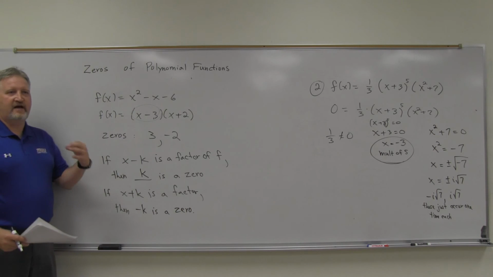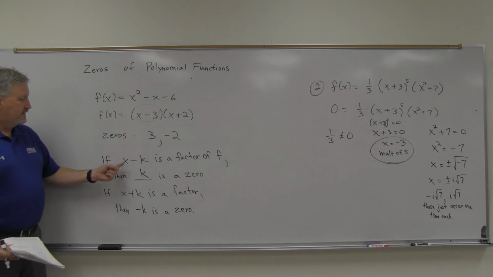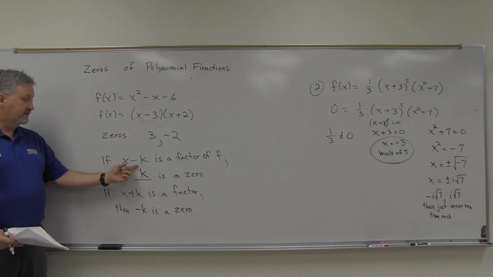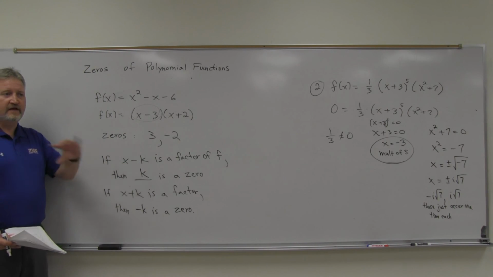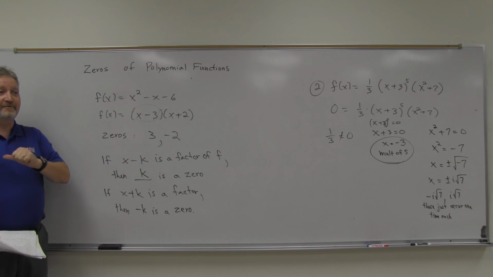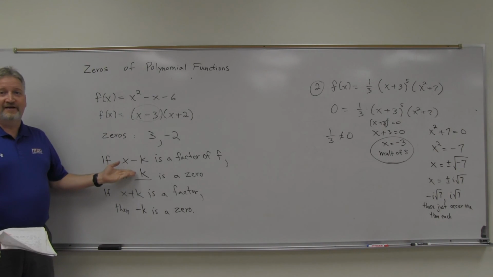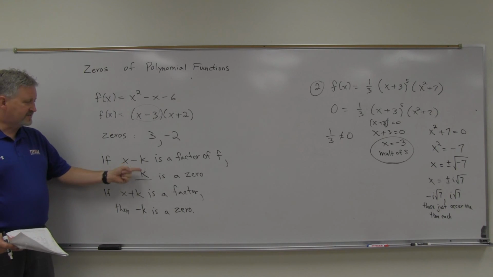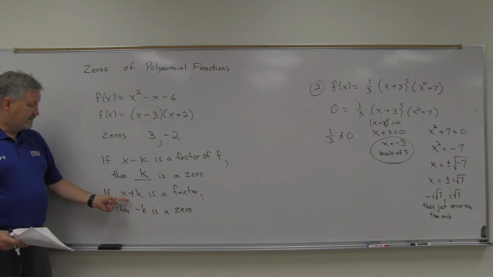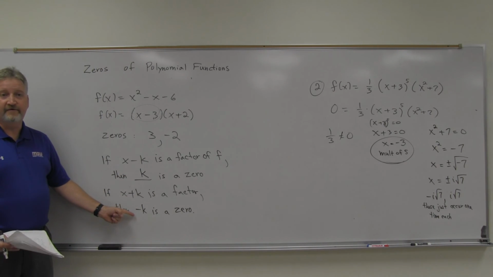Well, we've seen this before. x minus k, so k, the opposite, if you will, of what appears here. Kind of like the right and left shifting. Remember we had to do the opposite of what we thought. Sort of a similar idea. x minus k is a factor, k is a 0. So it's positive k. x plus k, negative k is a 0. Okay?